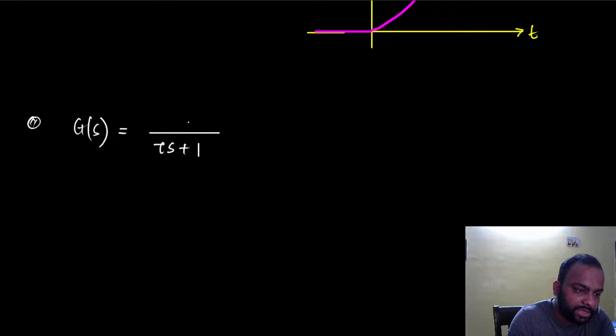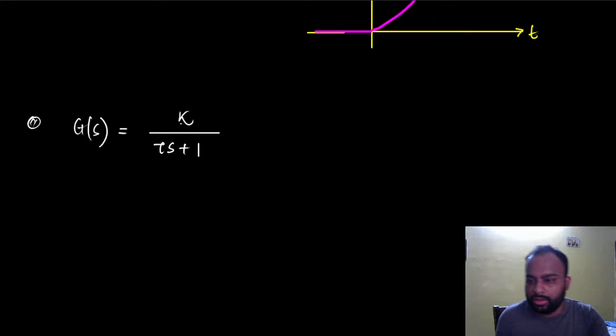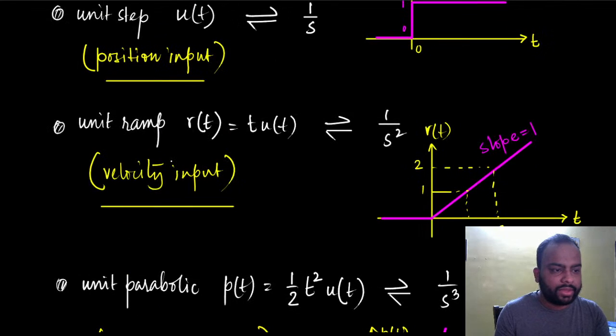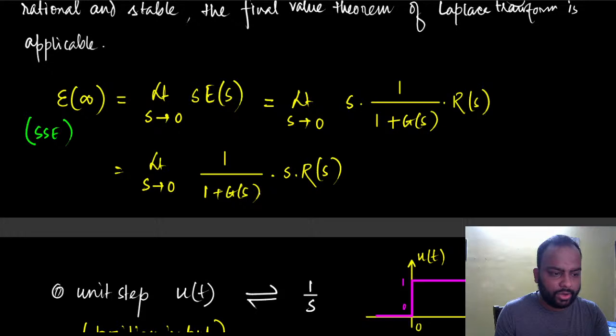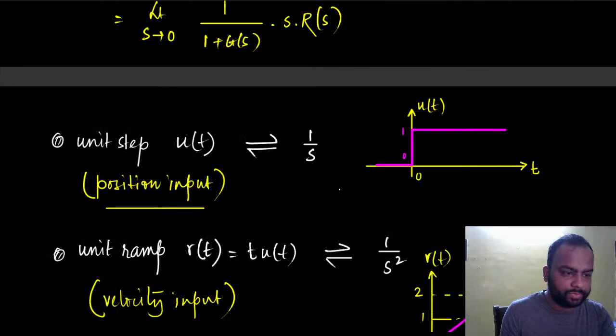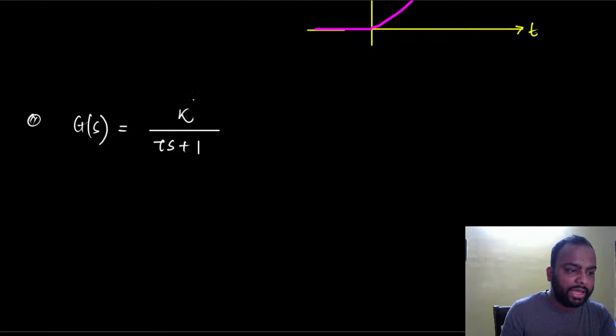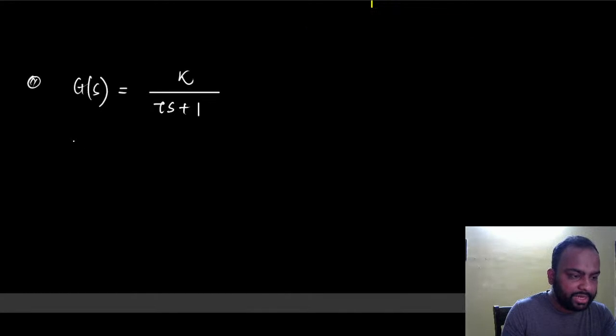Again, I'm just giving you very simple, usual general cases, and this is the standard formula here. I can give you any transfer function, as long as the feedback transfer function is equal to 1, you can just apply this and figure it out. Not an issue whatsoever.